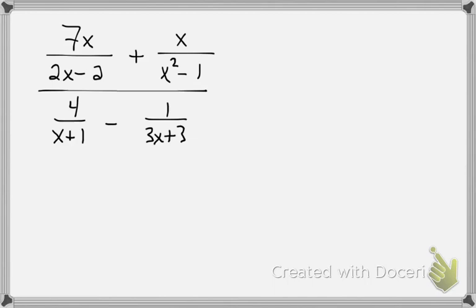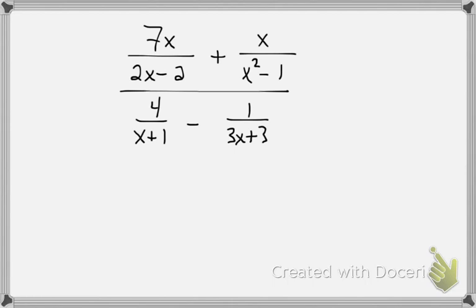So what am I going to need to do here? Well, it's definitely method 2, and that means I need an LCD. In order to get an LCD, I need to know what denominators I'm working with. Yeah, we got some factoring to do. So what can I do with those denominators? Let's start with the start.